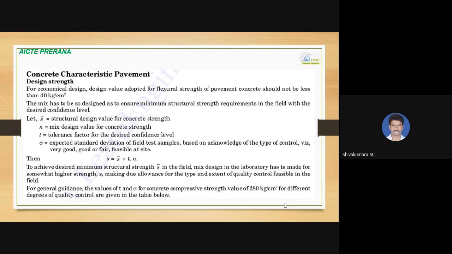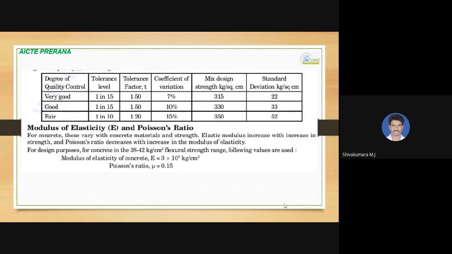For general guidance, the values of T and sigma for concrete compressive strength of 280 kg per centimeter square for different degrees of quality control are given as follows. If the degree of quality control is very good, a tolerance level of 1 in 15 can be followed. If it is good, 1 in 15. If it is fair, a 1 in 10 tolerance level can be followed. And the tolerance factor is 1.5 for very good and good.